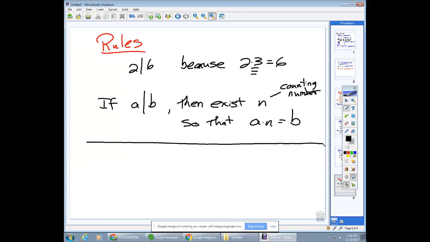So some other tricks. Suppose that A divides B and A divides C. Then there's a couple of things I know based on that.